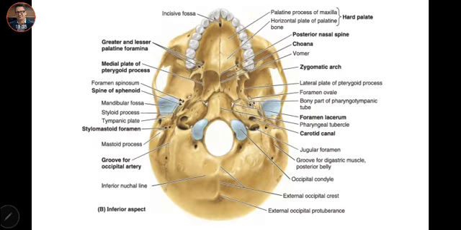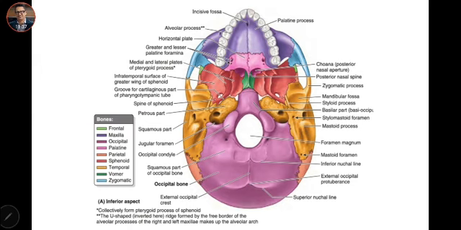Here you could see. Yes, here it is. This is the groove for the cartilaginous part of the pharyngotympanic tube. Here is the labeling. This groove is anterior to the petrous part of the temporal bone, and anterior to that is the greater wing of the sphenoid.